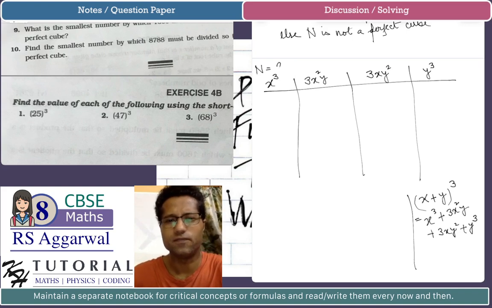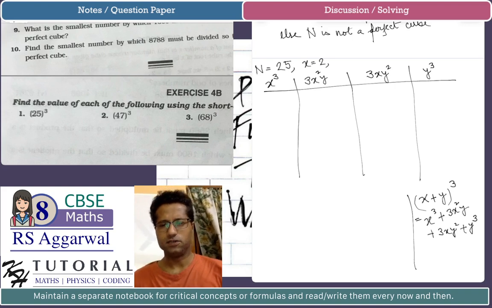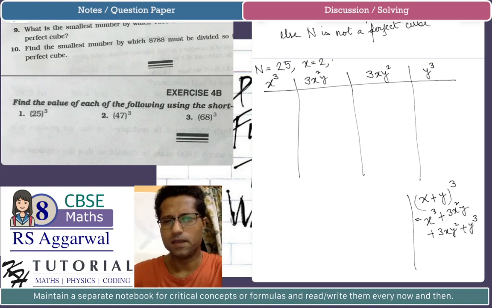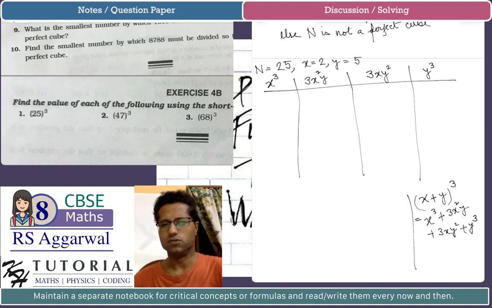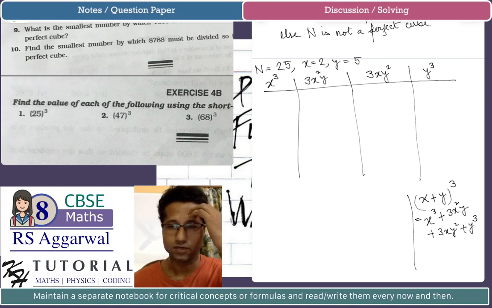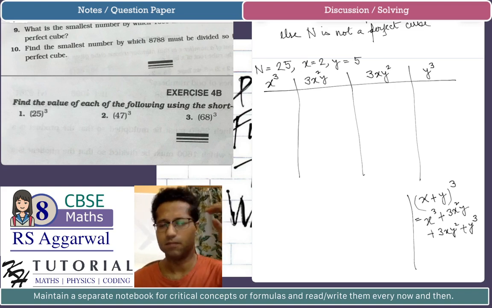So N is 25. Definitely x is 2, that is the digit at the tens place in the number 25, and the digit at the units place, y, is 5. Now what do we do? We have created the table with 4 columns: the first column is x cube, the second is 3x square y, the third is 3xy square, and the fourth is y cube.